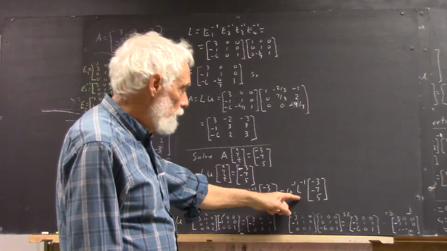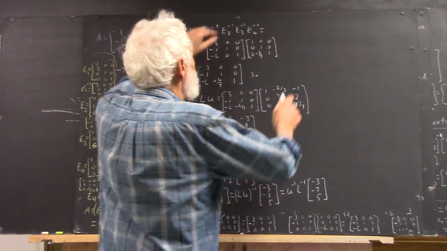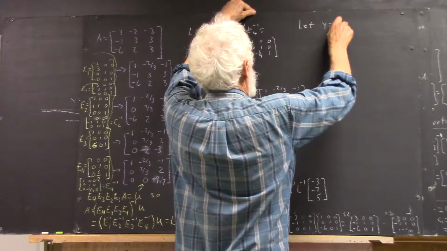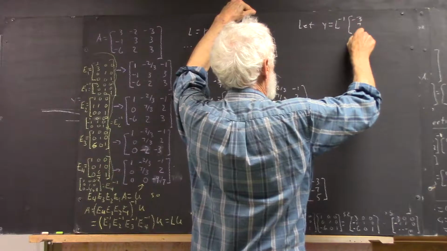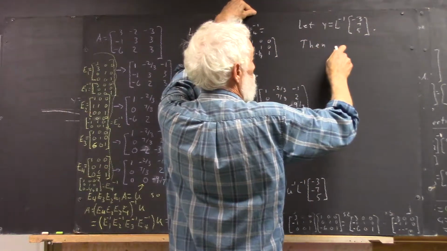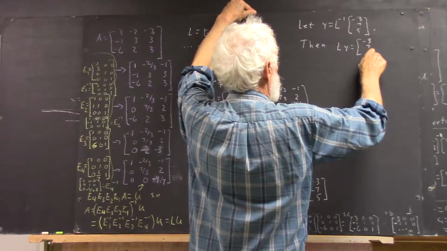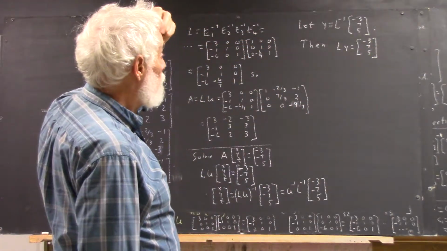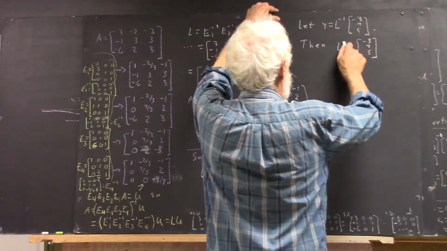Now we could invert L and we could invert U, but we don't do that. First of all, let's let Y equal whatever we get when we do L inverse times -3, -7, 5. Here's the trick now. Then Ly equals -3, -7, 5. And we can solve this easily by forward substitution in this case.